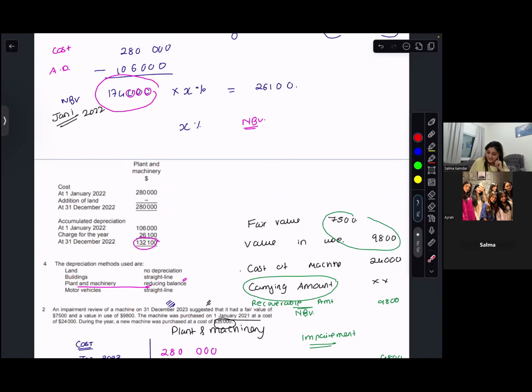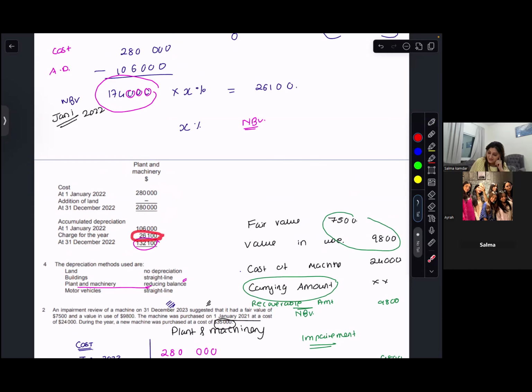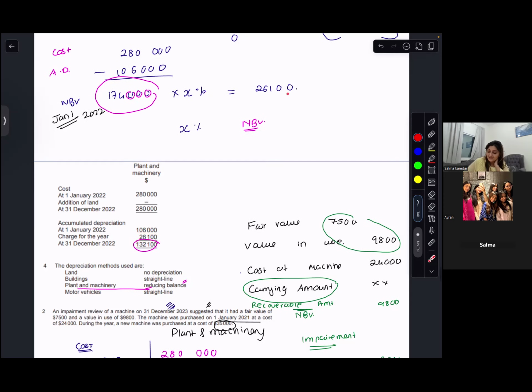Then in this year, I will charge depreciation. Depreciation would have been charged on the net book value. So 174,000 into X percent gave me 26,100. This is the depreciation charge for the year. So what is the X percent?